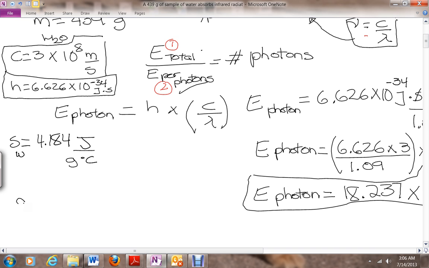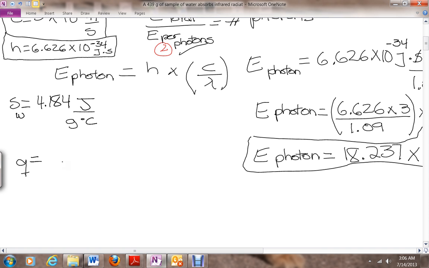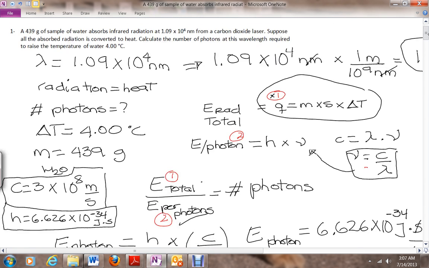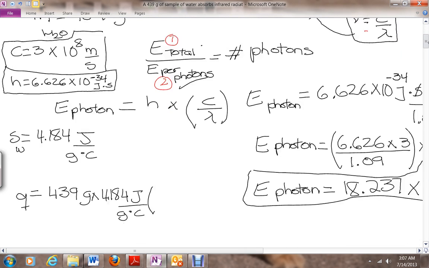So using this, we have the mass, which was, if you get the piece of paper, 439 grams multiplied by 4.184 joules per gram per Celsius. Multiplied by, remember, it's an increase, it's not one temperature or another one. We don't need those, it's a delta T already.